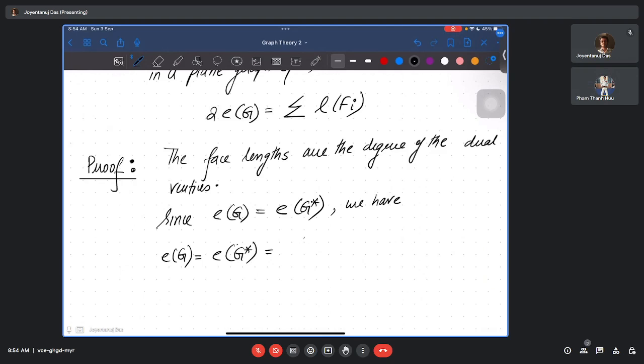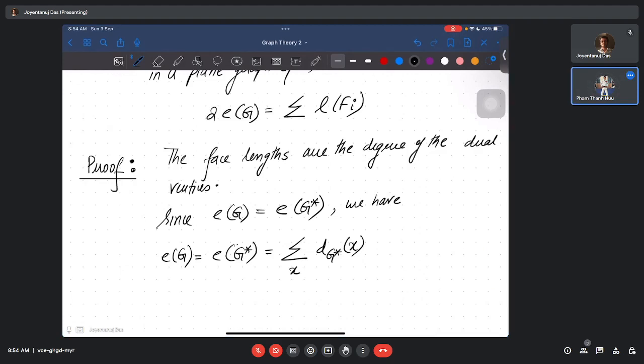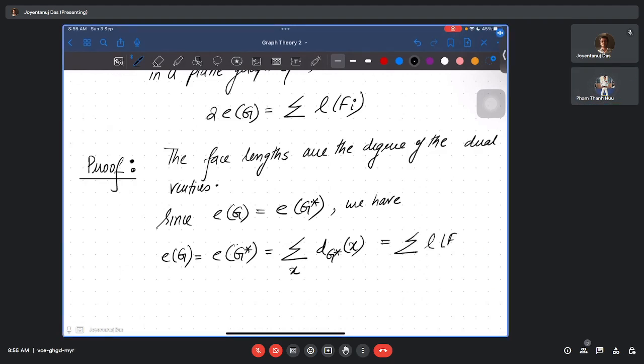So we can write one more step: the degree of G star vertex X, summed over all vertices, and the degree of the vertex X is nothing but the length.